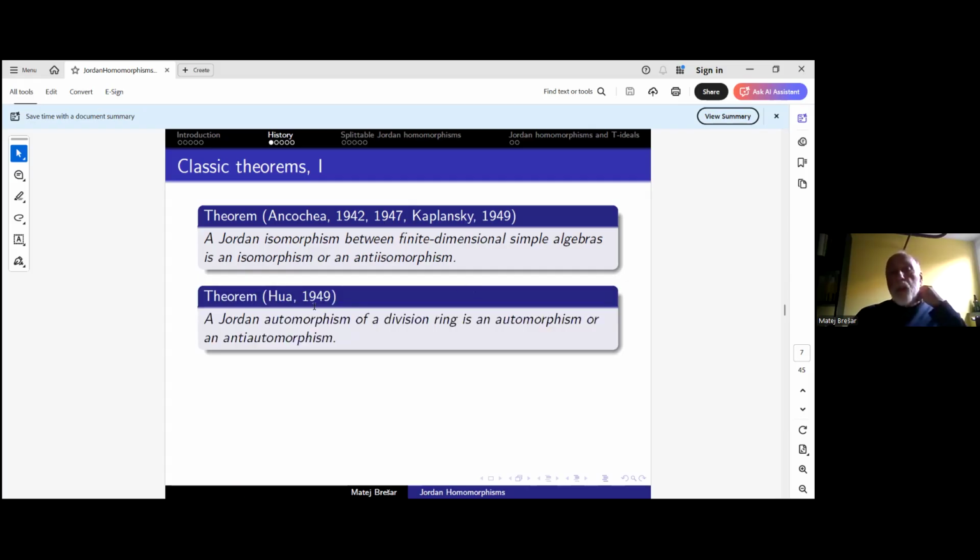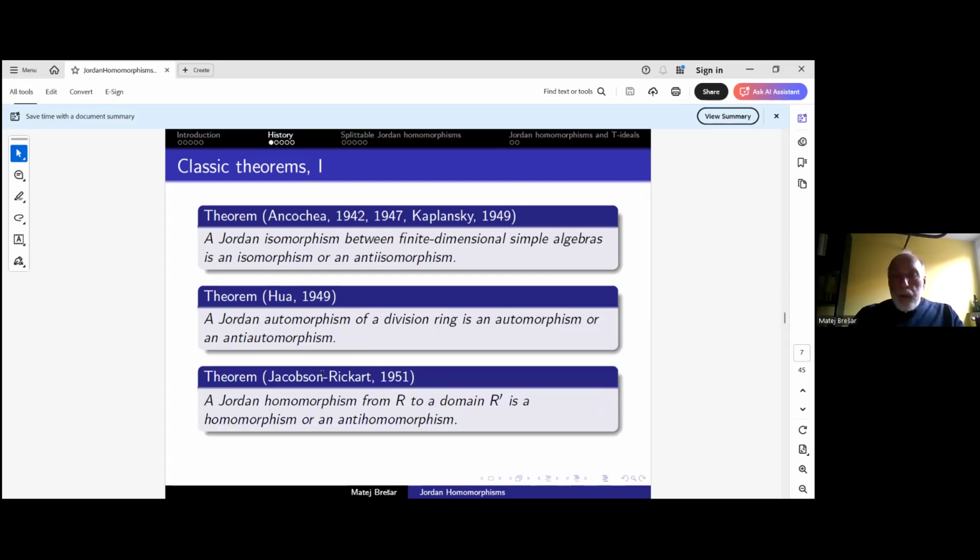The famous Chinese mathematician Hua proved at about the same time, in the 40s, a long time ago, that the Jordan automorphisms of division rings are also only automorphisms or anti-automorphisms. And he introduced the famous Hua identity in this paper.